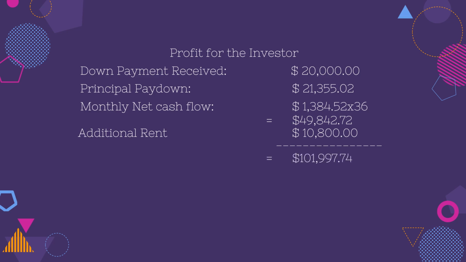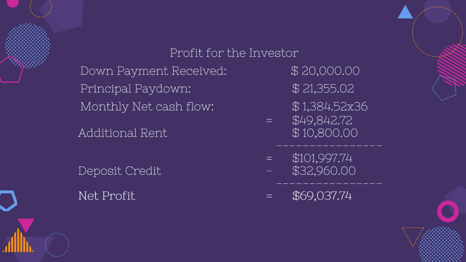So the total received and saved is $101,997.74. The deposit credit in this case will be $32,960, giving the investor a net profit of $69,037.74.